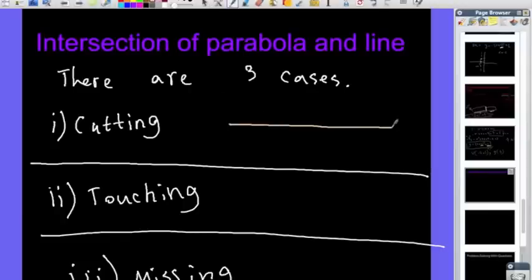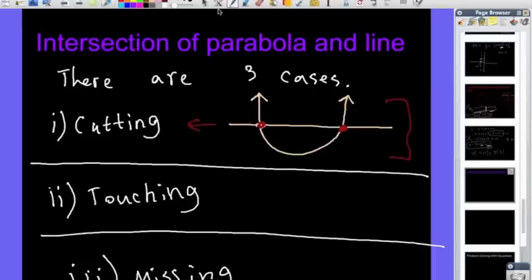If the graph looks something like this, you see that if there are 2 points here that are cutting the x-axis, then this whole case is called cutting.